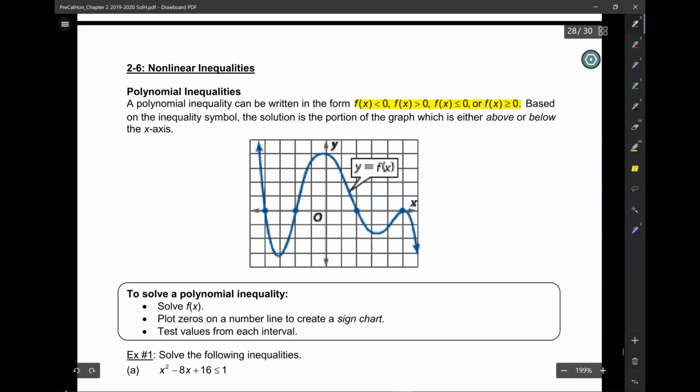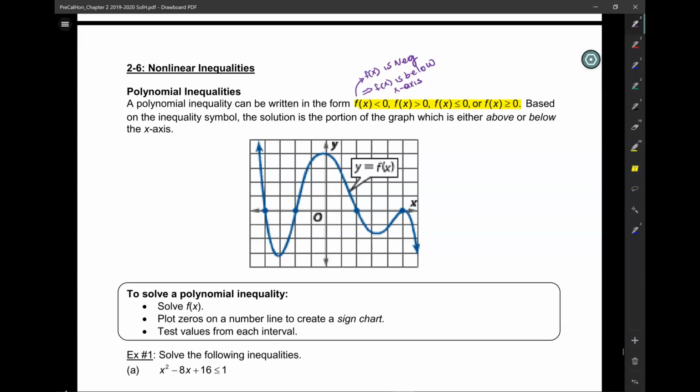What do these mean? Here, this means f of x is negative. That means f of x is below the x-axis. And if I say f of x is greater than 0, where is the function?